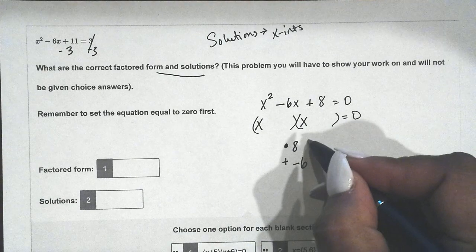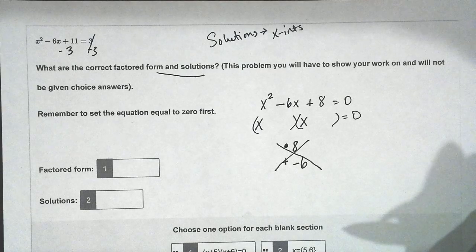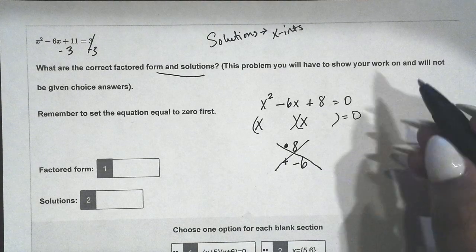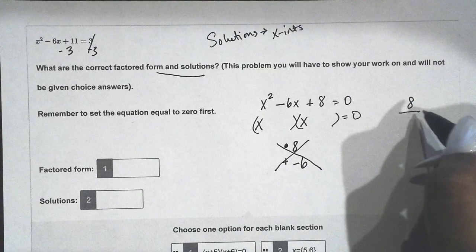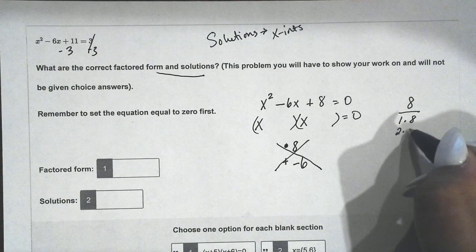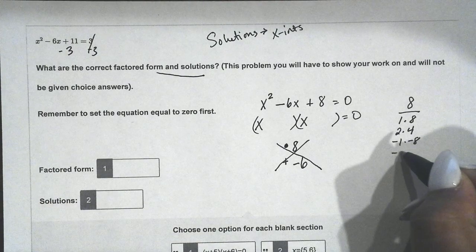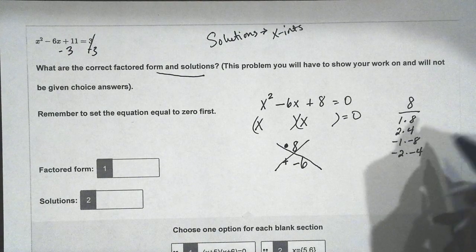What two numbers multiply to 8 but add to a negative 6? It could be 1 times 8, 2 times 4, negative 1 times negative 8, or negative 2 times negative 4.